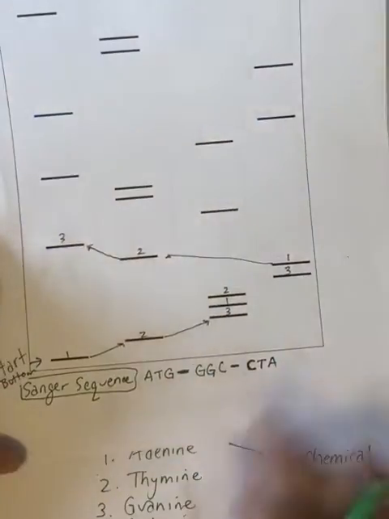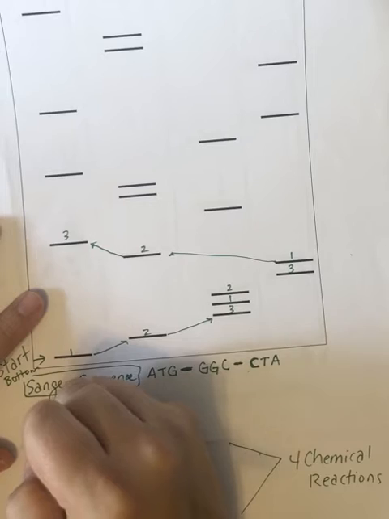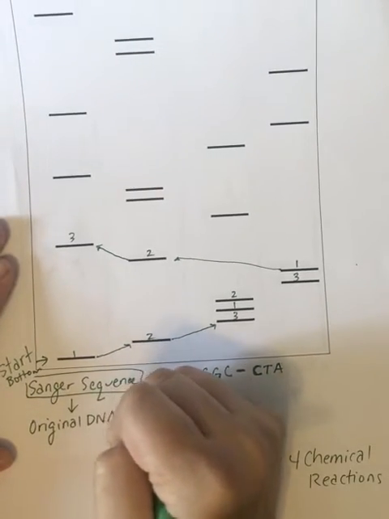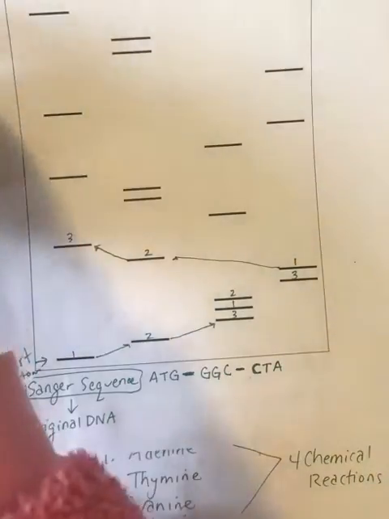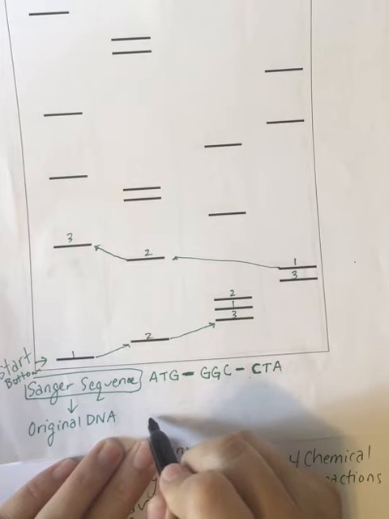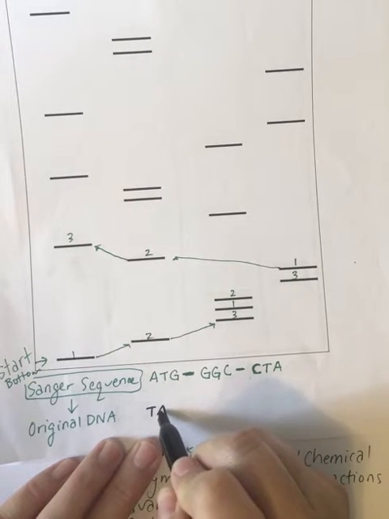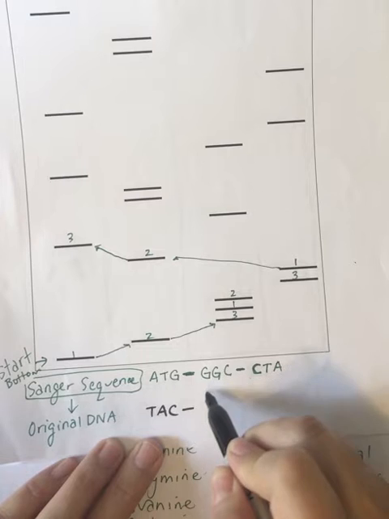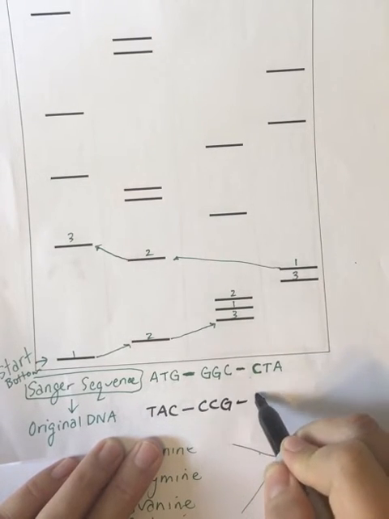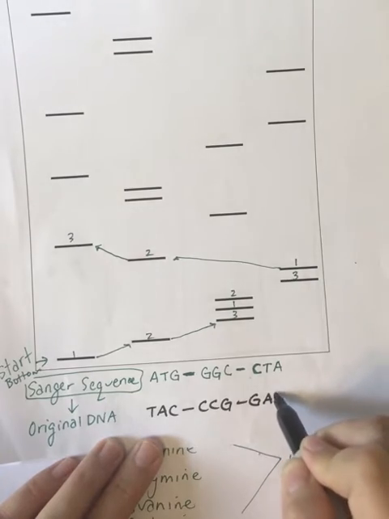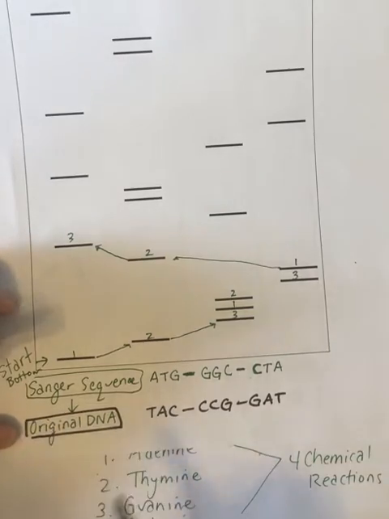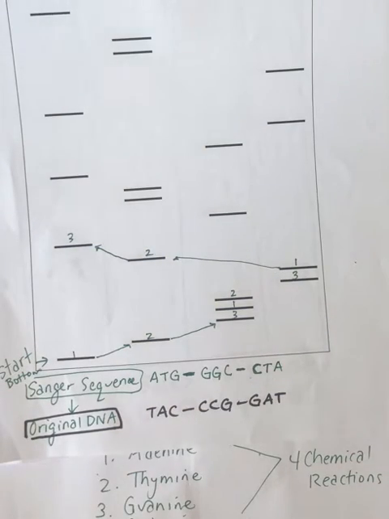So to figure out the original DNA, you're going to go opposite of the Sanger sequence. So the original DNA would be T, A, C, C, C, G, G, A, T. So this is the original template DNA that basically we discovered.